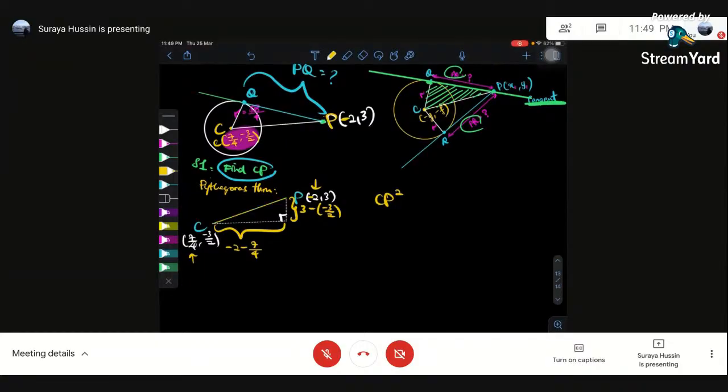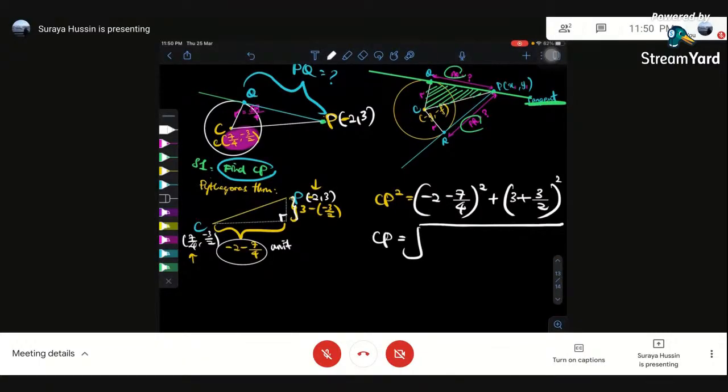Jadi CP squared is equals to the distance of this, which is negative 2 minus 7 over 4, the whole thing squared. This is the length. Perbezaan unit dia berapa, tambahkan dengan Pythagoras theorem, tambahkan dengan yang ni pula, 3 tambah 3/2 squared. So your CP is actually square root of everything here.